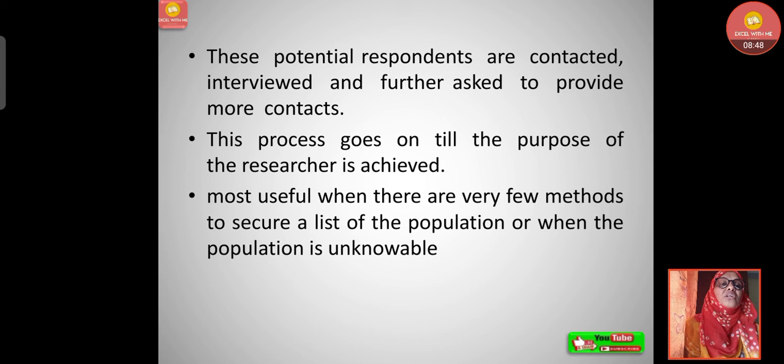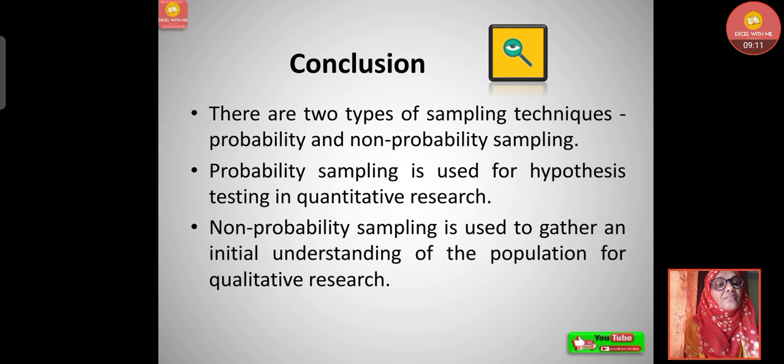Now, these potential respondents are contacted, interviewed and further asked to provide more contacts. This process goes on till the purpose of the researcher is achieved, obviously. Now, most useful when there are very few methods to secure a list of the population or when the population is unknowable. So, we come to the end of this session.